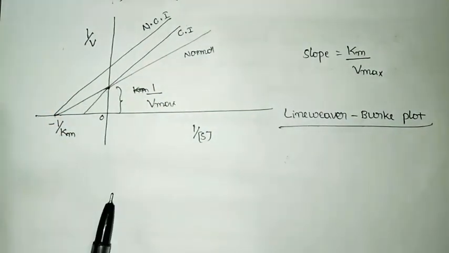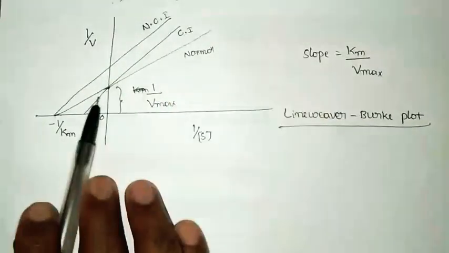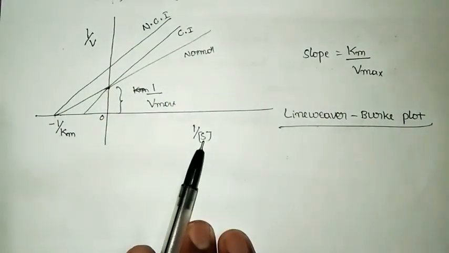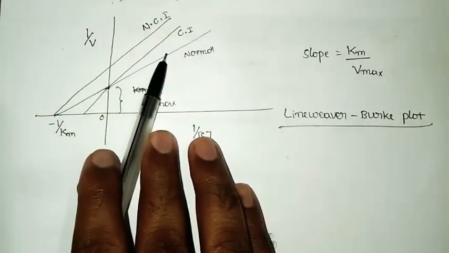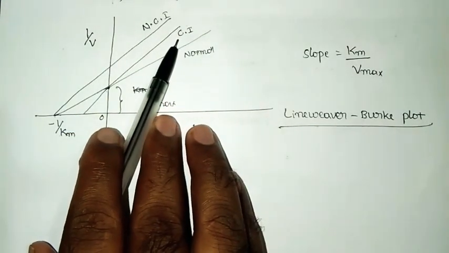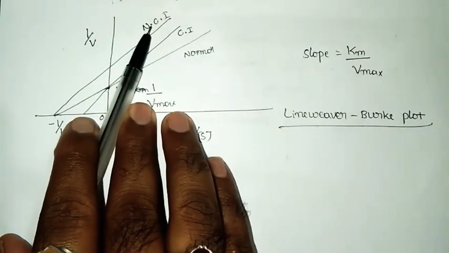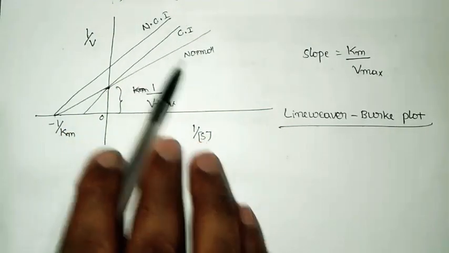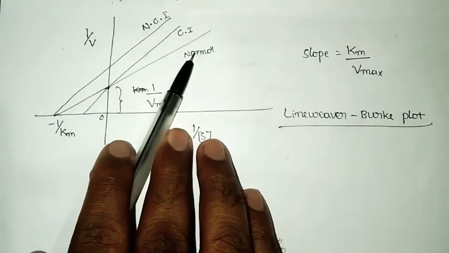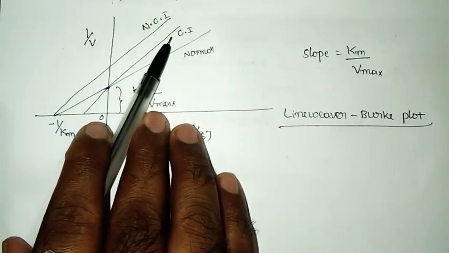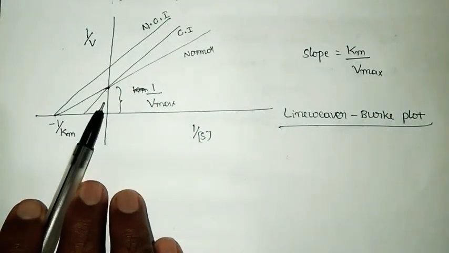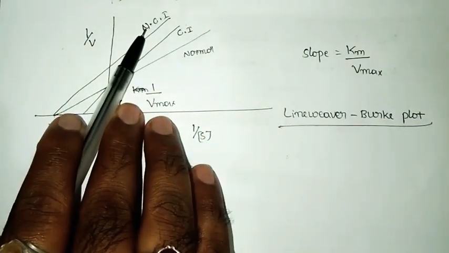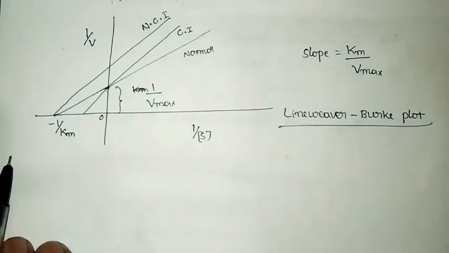So just by plotting a graph of 1 by V versus 1 by S for a particular enzyme consisting of either a competitive or non-competitive inhibitor, and by comparing with the Lineweaver Burk plot for a normal enzyme, we can say whether the inhibitor present in that enzyme is a competitive or non-competitive inhibitor.